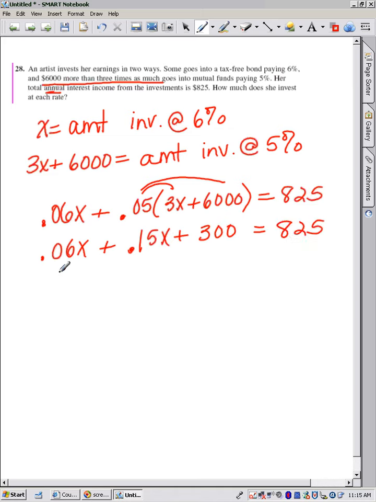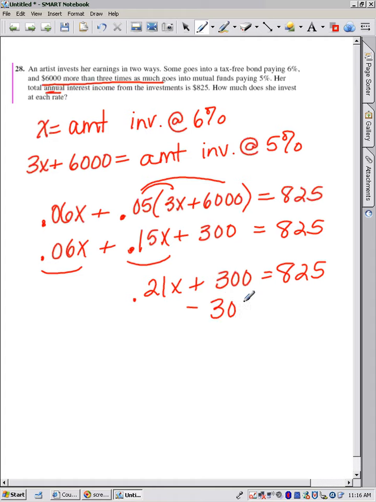So again, we combine like terms. 0.15 plus 0.06 is 0.21x plus 300, equal to 825. So we can subtract the 300 from both sides. So we get 0.21x is equal to 525.